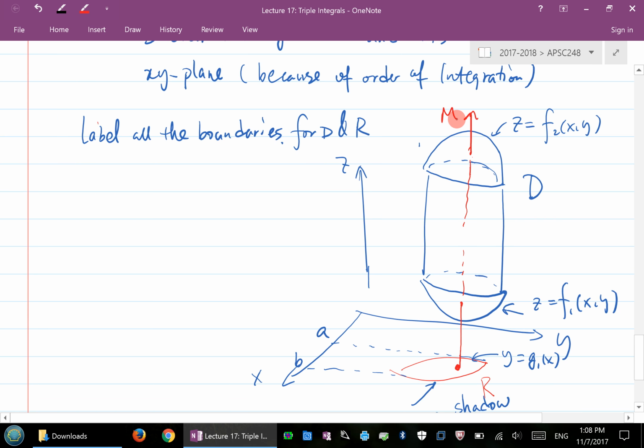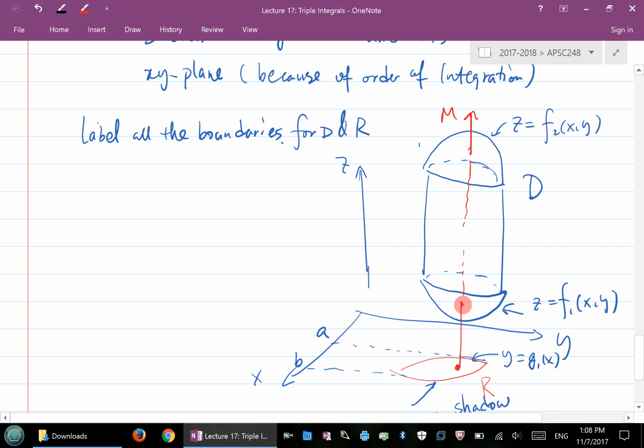So a vertical line from any point inside the region R goes vertically up through this region D. Because this is within the shadow R, it's inevitable that it'll go through the region D here.